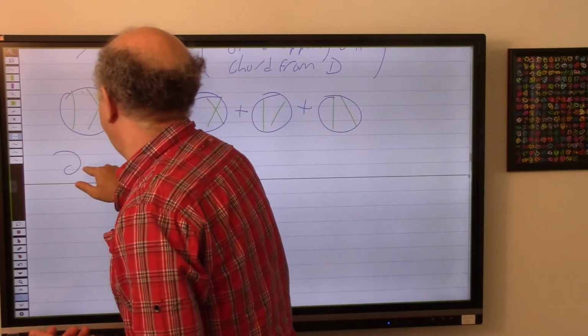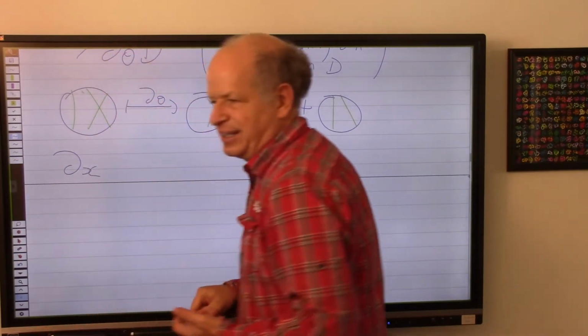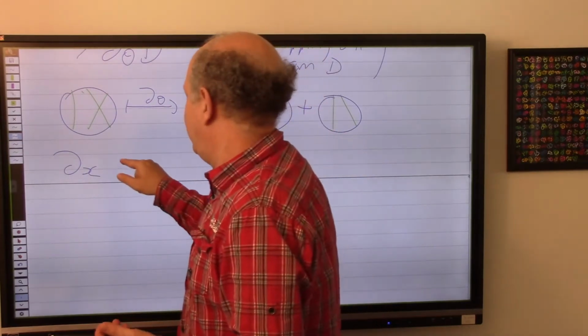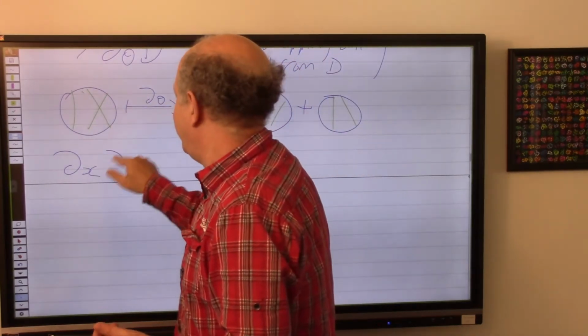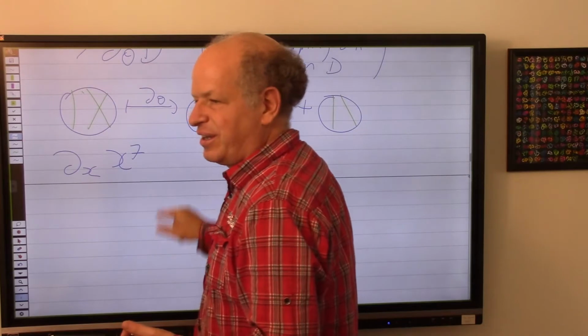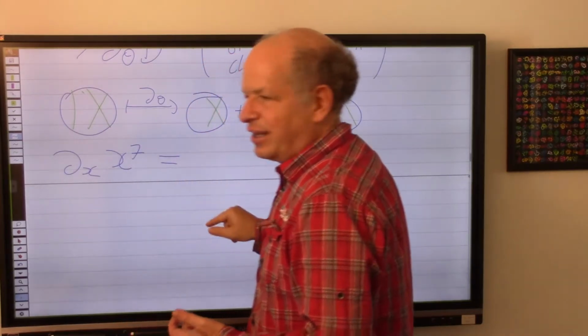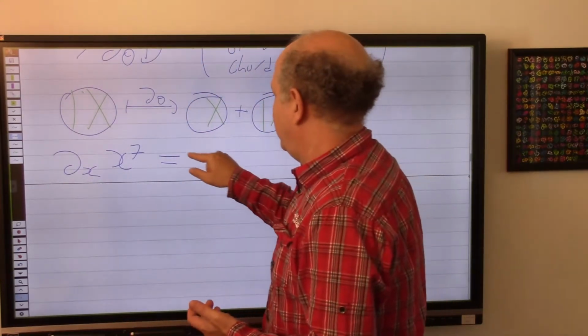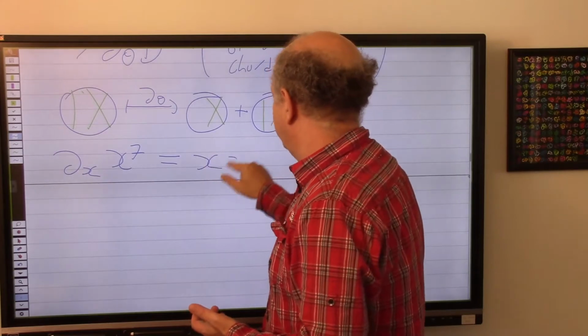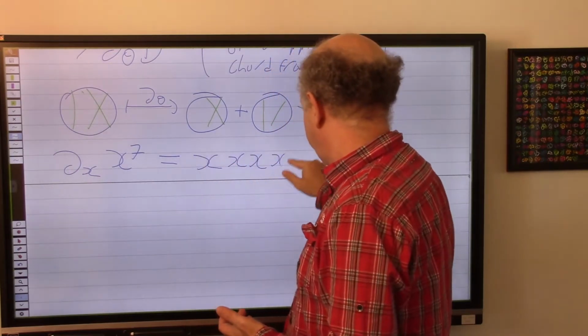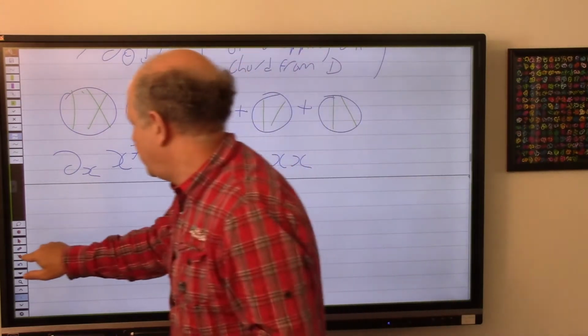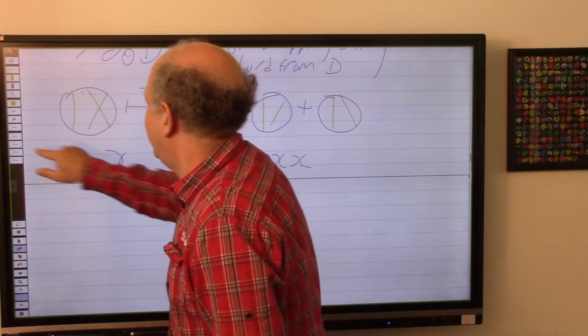What is the derivative with respect to x of some polynomial? Say, x to the 5.